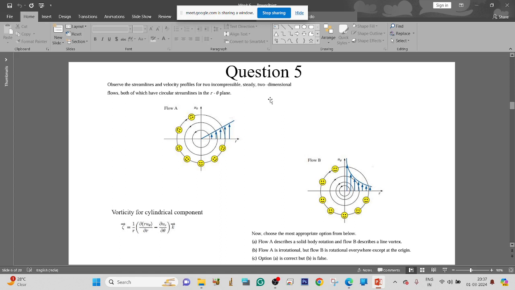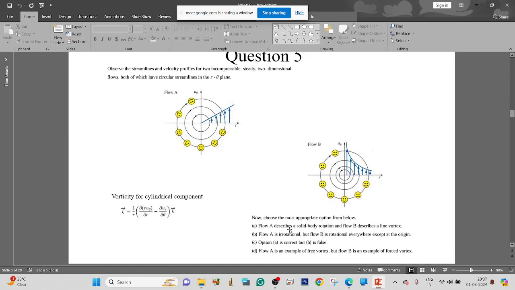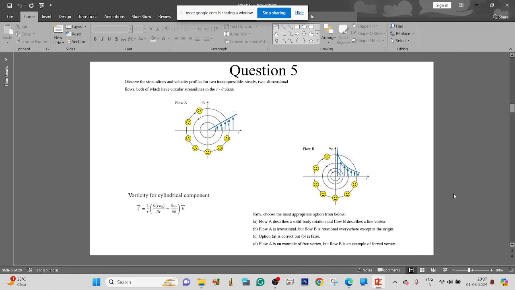Or A is rotational, B is rotational. Or A is irrotational and B is rotational everywhere except at the origin. Option C: option A correct, but B false. And option D: flow A is an example of free vortex, but flow B is an example of forced vortex.